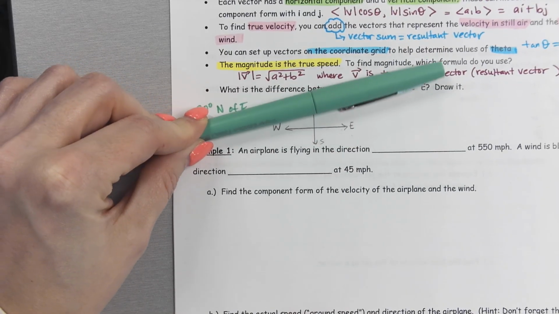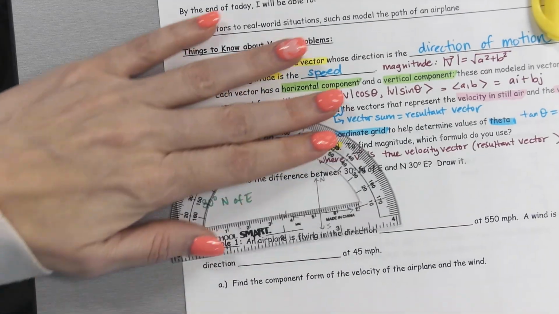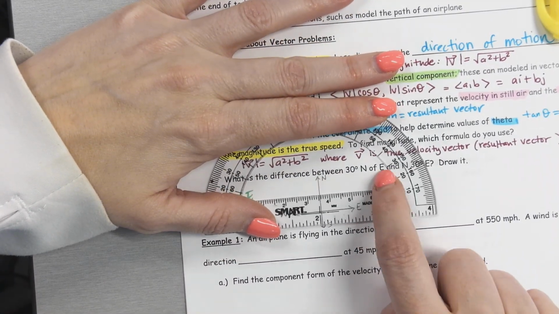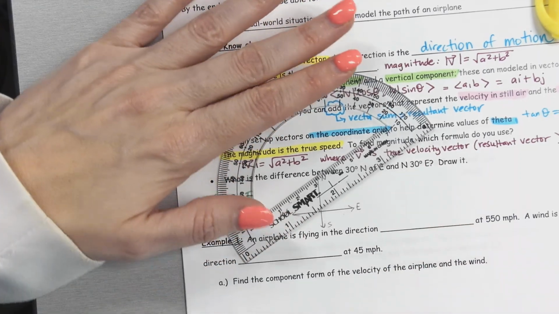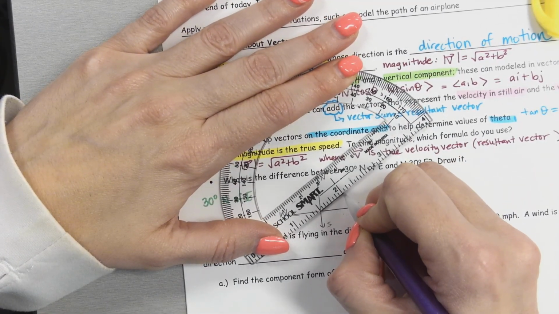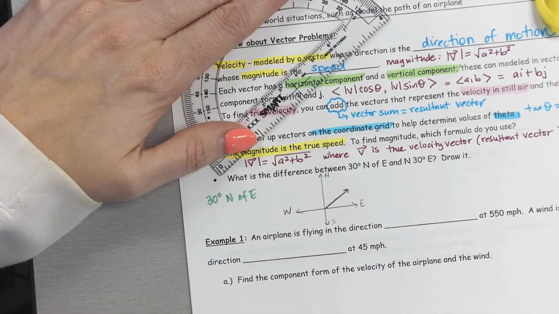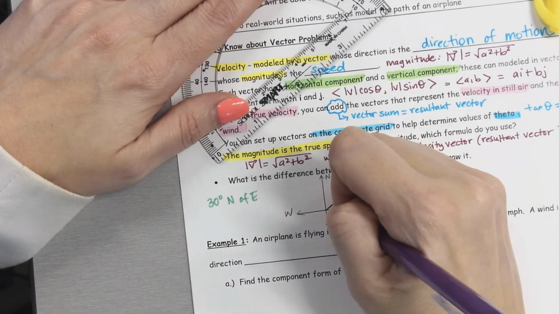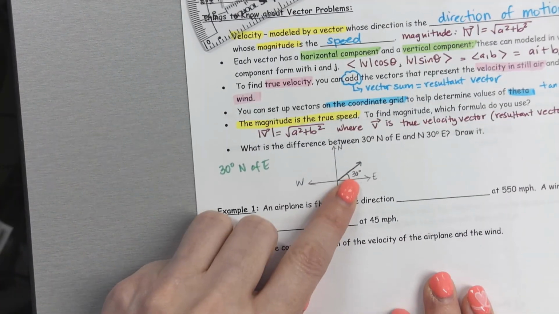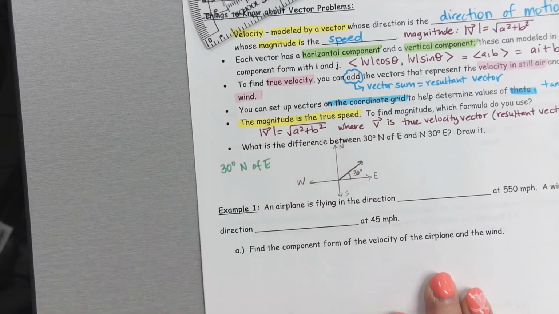Okay, so you adjust to 30 degrees north, and I'm okay with you estimating. I know some of you have the protractors as your straight edge. Okay, so then this line here represents 30 degrees, and then you're adjusting to the north of the east.